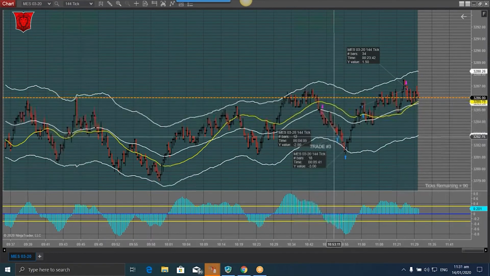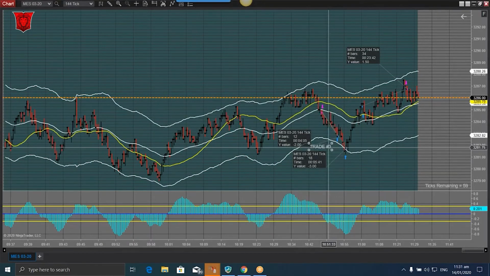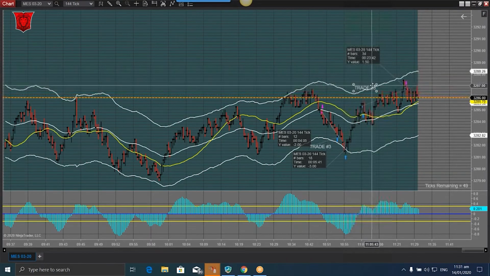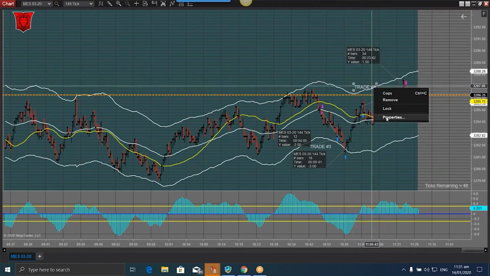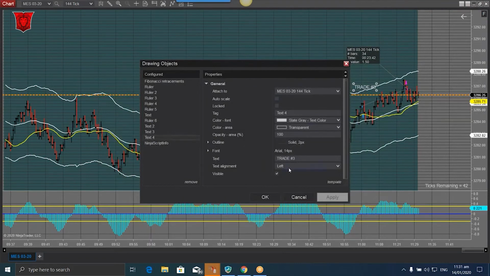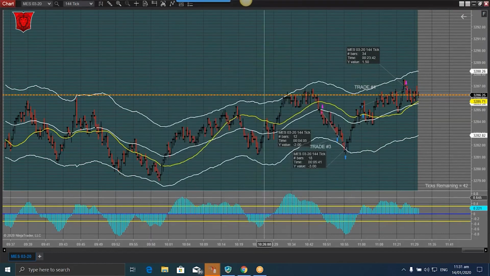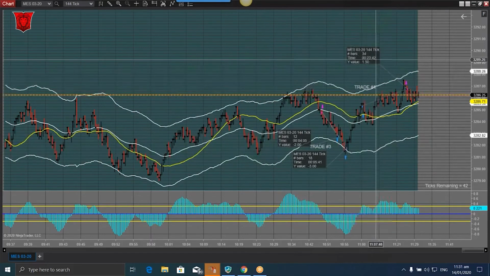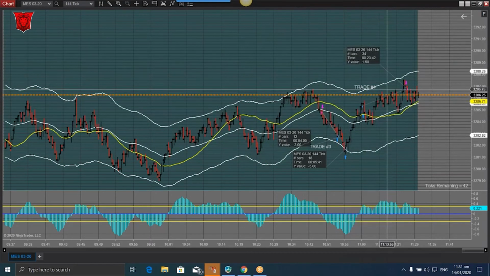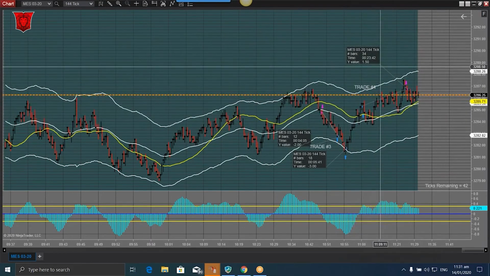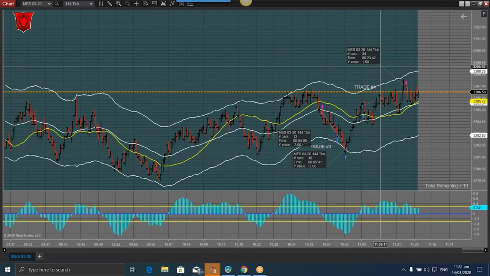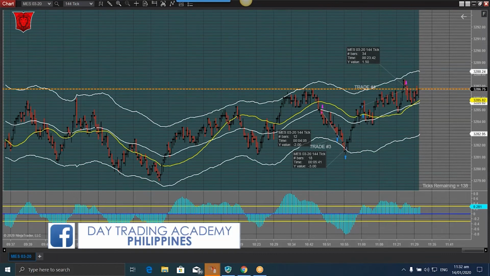And then here is trade 4. Right there. And I had to close that manually since my platform basically crashed. Fortunately, it went my way. I got 6 ticks out of that. So times 3 is 4.5 points.